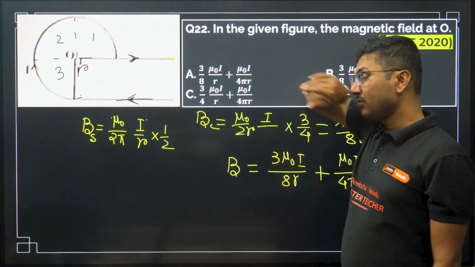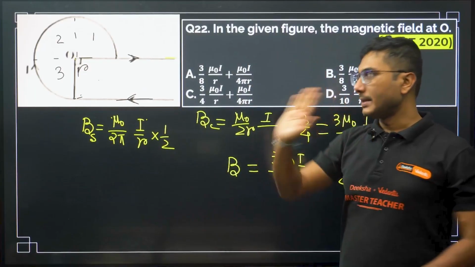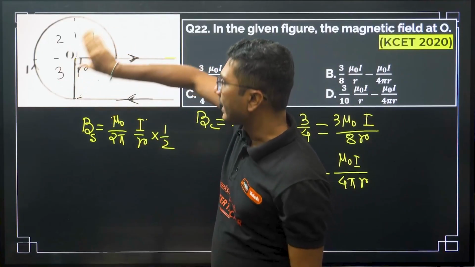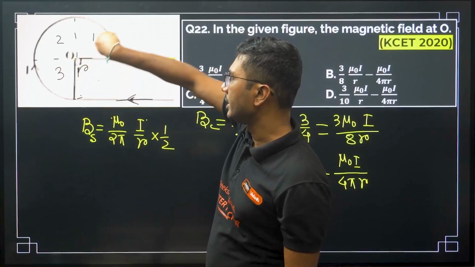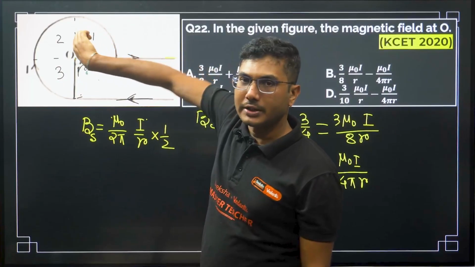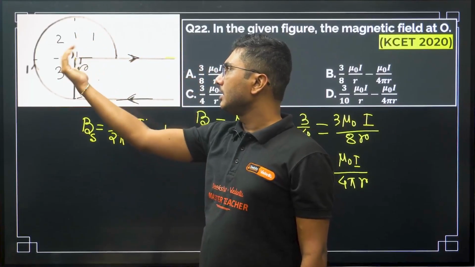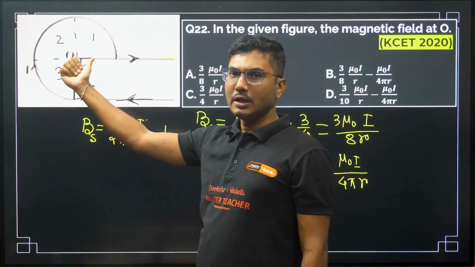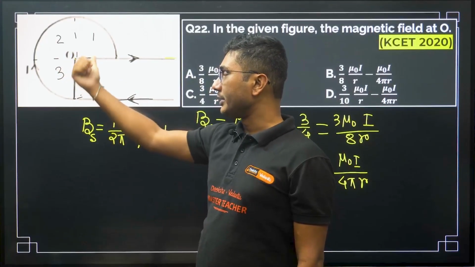For that you have to use the right hand rule separately. For a circular current carrying wire, you curl your fingers, and your thumb will point in the direction of the magnetic field. In this case it is into the page.